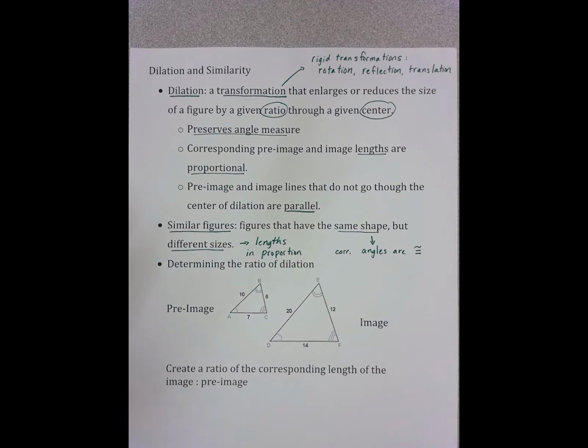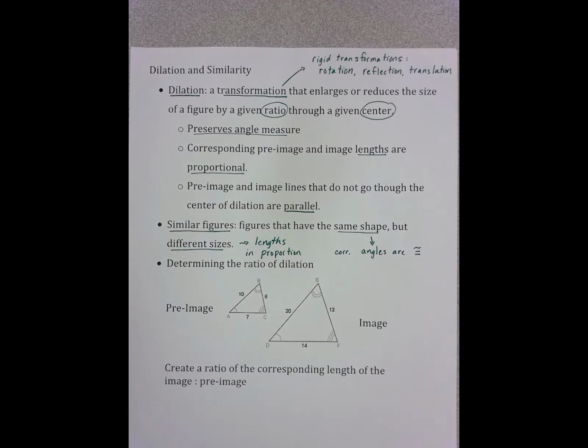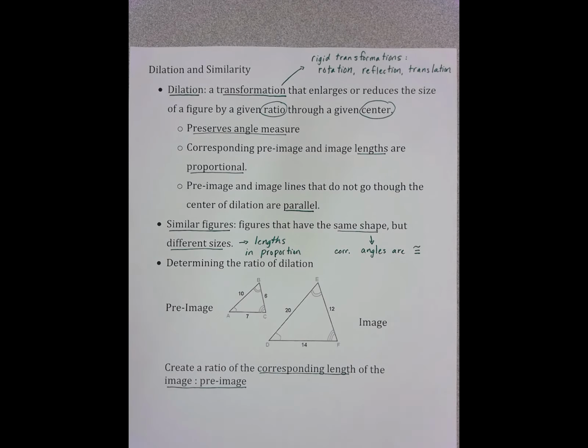So the very first thing you often see when you're looking at dilation and similarity is writing some ratios. When we're writing ratios for dilation, we want to create a ratio of the corresponding lengths, where it's the image to the pre-image. So I'm looking at these two triangles, ABC and DEF, and they are similar, because the angles are all congruent.